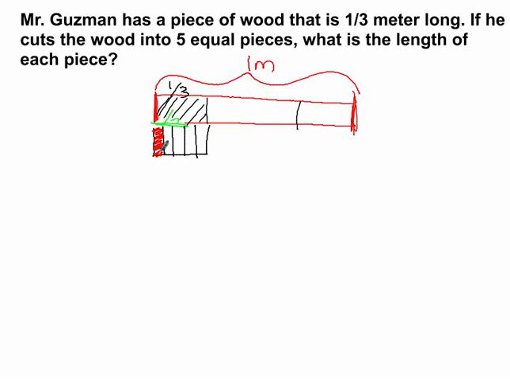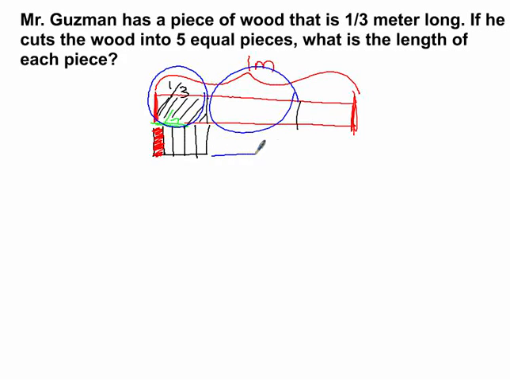And one way you could solve it is to start thinking about this in terms of a fractional model. You have to think, okay, if I'm taking this 1/3 and cutting it into 5 equal pieces, then I must do the same to this 1/3, because whatever I do to one part, I must do to the rest.